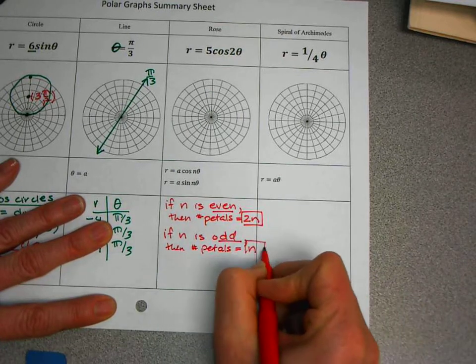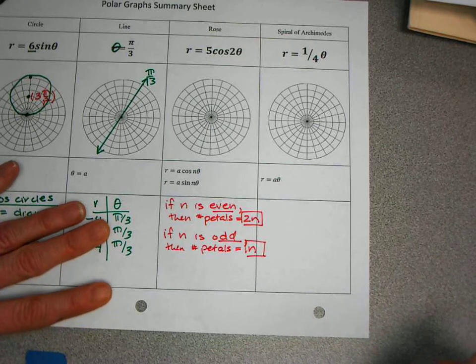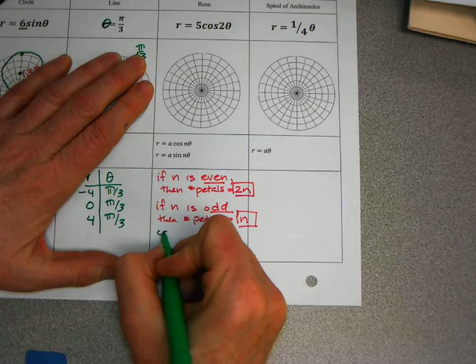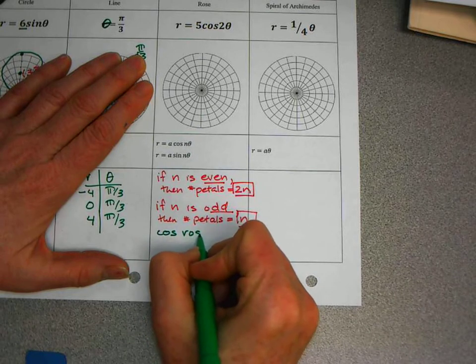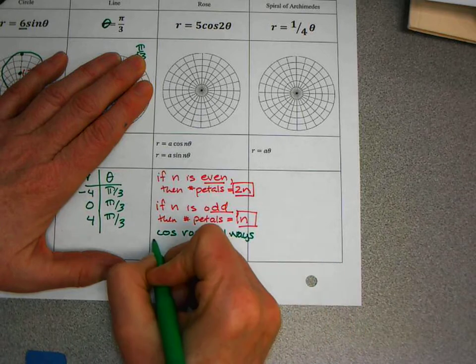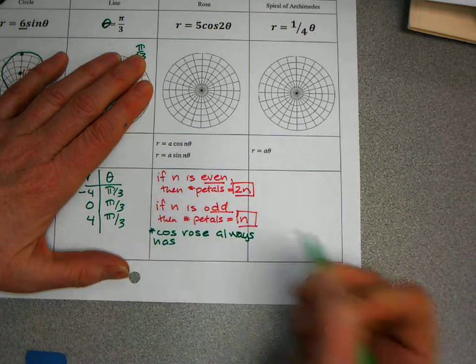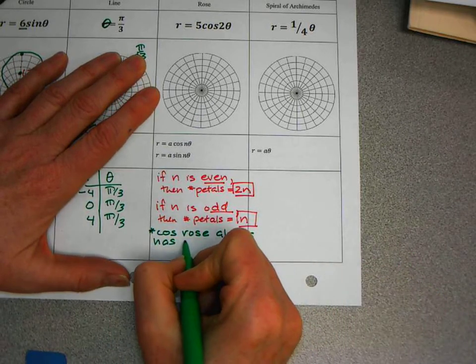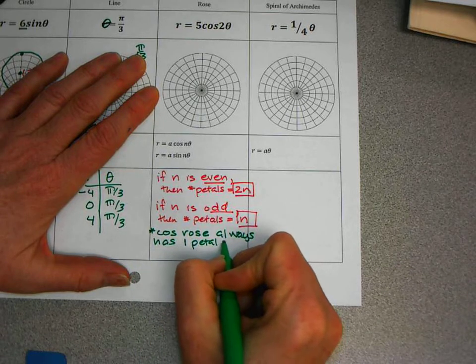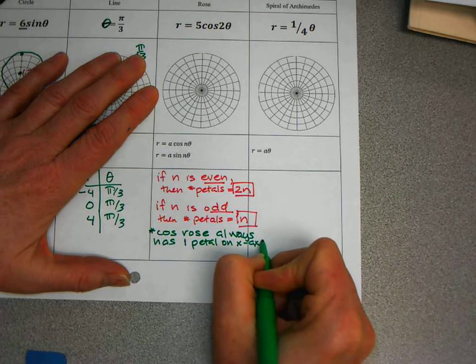We also remember that with roses, a cosine rose always has at least one petal on the axis.